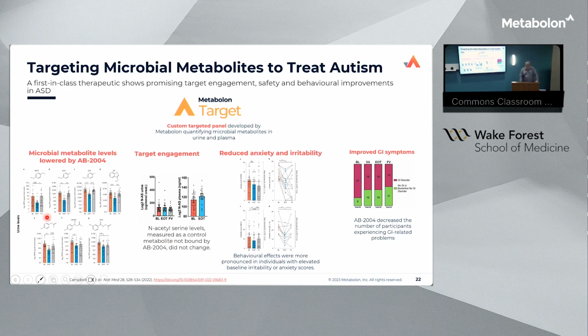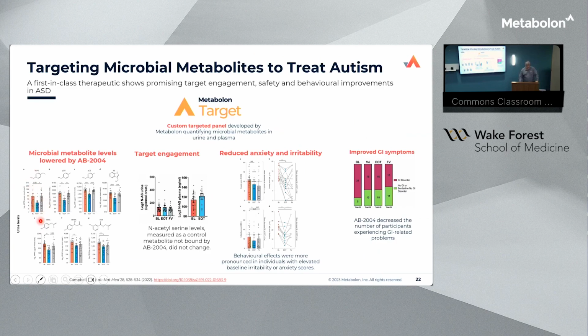The study showed that from baseline to end of treatment, there was a definite decrease in these aromatic microbial metabolites, so the efficacy of the treatment was clear. Also, after stopping the treatment, these metabolites returned and there was an increase again.